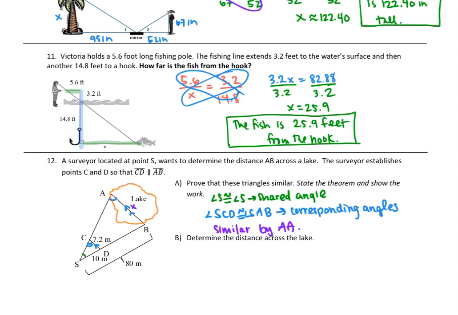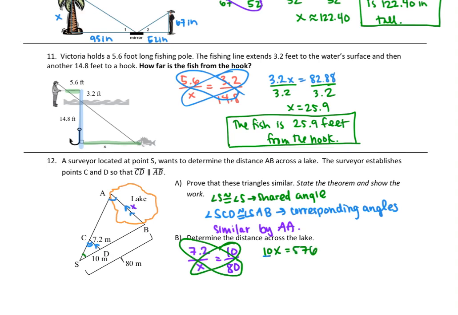In fact, using proportions, it's going to be 7.2 over x. So this side over this side equals 10 over the big side of the triangle, which is 80. So cross multiply here. 10 times x is 10x, and then 7.2 times 80 is 576.